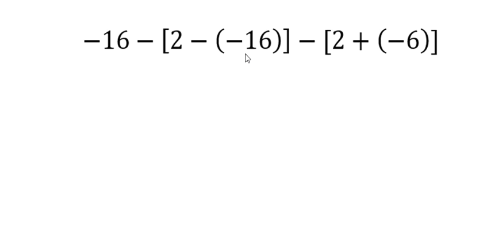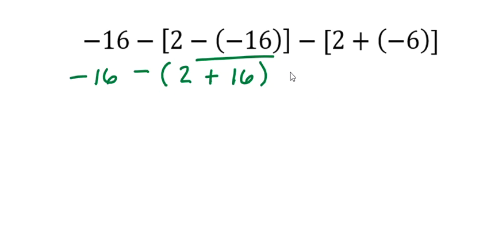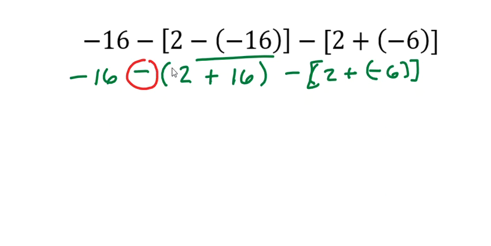So here, subtracting negative 16 is the same as adding the opposite of negative 16, which is 16. Okay. And let's do this. We'll just say 2 plus negative 6. Okay. Then, when we have this negative sign that is next to the grouping symbol, and there's more than one thing inside the grouping symbol, we can distribute the negative.